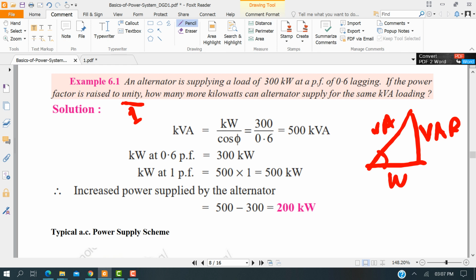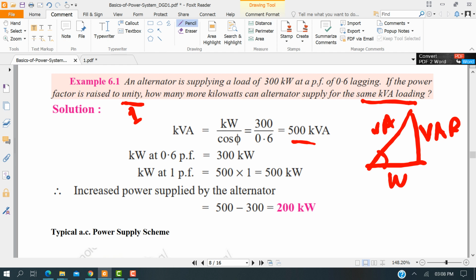So first of all, find out the kVA, which is 500 kVA for 0.6. So in kilowatt, at 0.6, what is the value? 300 kilowatt power it can give. Whenever the power factor is increased to unity, similarly you can put the value over here. Using the same formula, cos theta value is now 1, and for the same kVA rating, the value would be 500, and then the power would be 500 kilowatt.